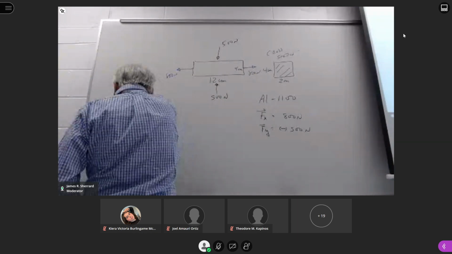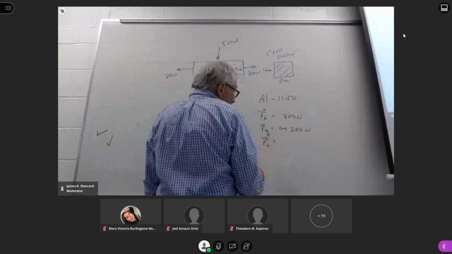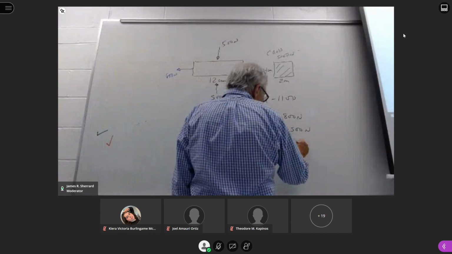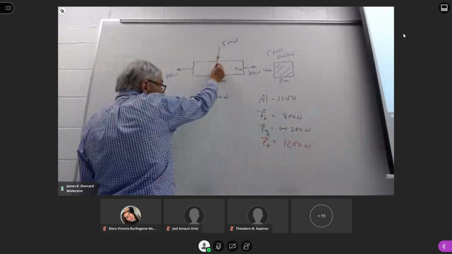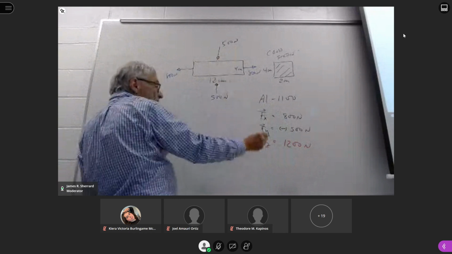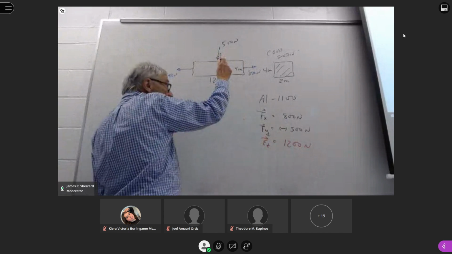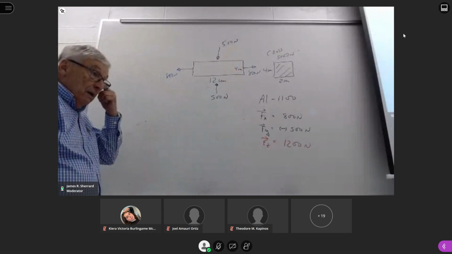And let's say we had a force in the z direction of 1200 newtons. And again, that would be coming out of the board. Since it's positive, it would be coming out of the board in this direction on this side, going back into the board on that side.